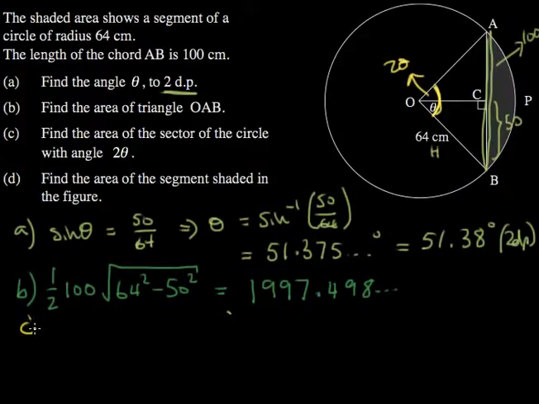Part C is now asking for the area of the sector of the circle, and the sector is OAPB, back to O again. And this is the angle, which is 2 theta, out of 360, times the total circle area, which is pi r squared.